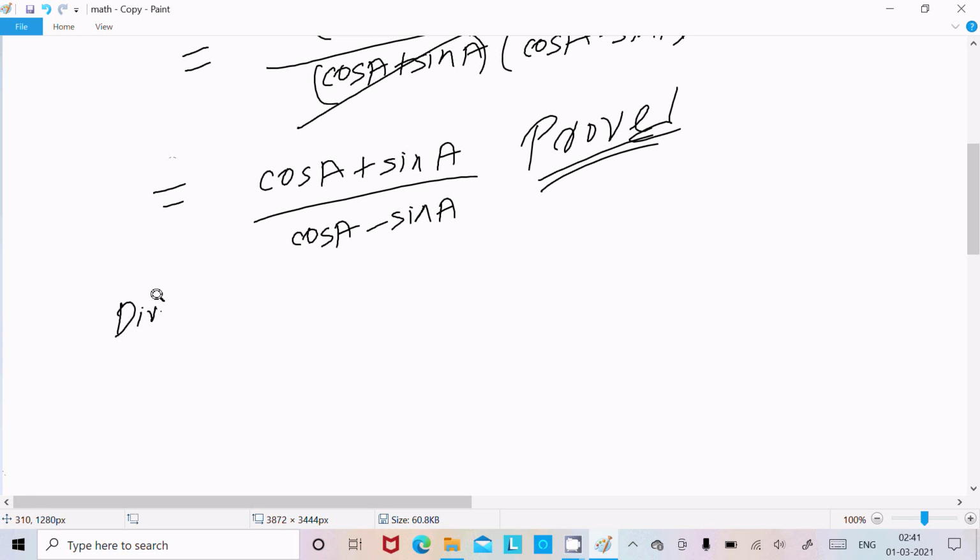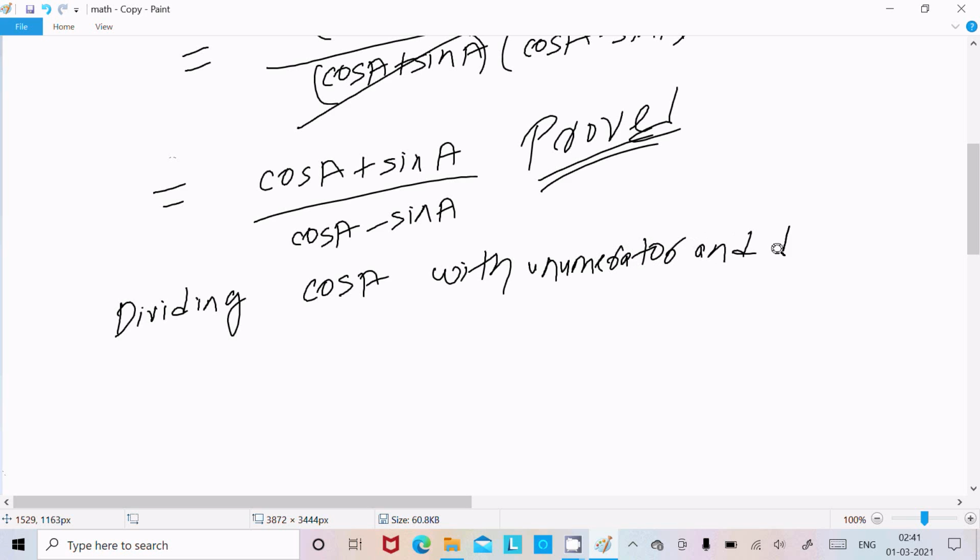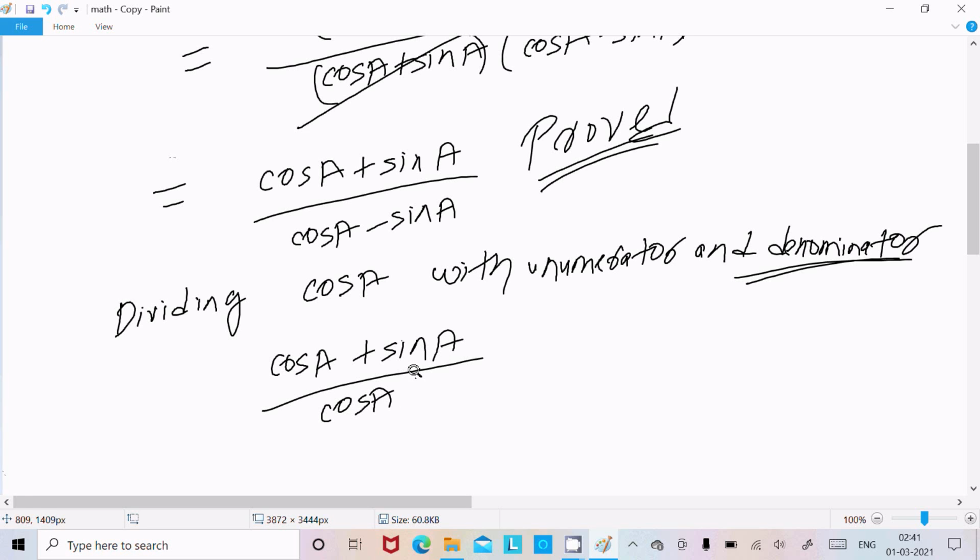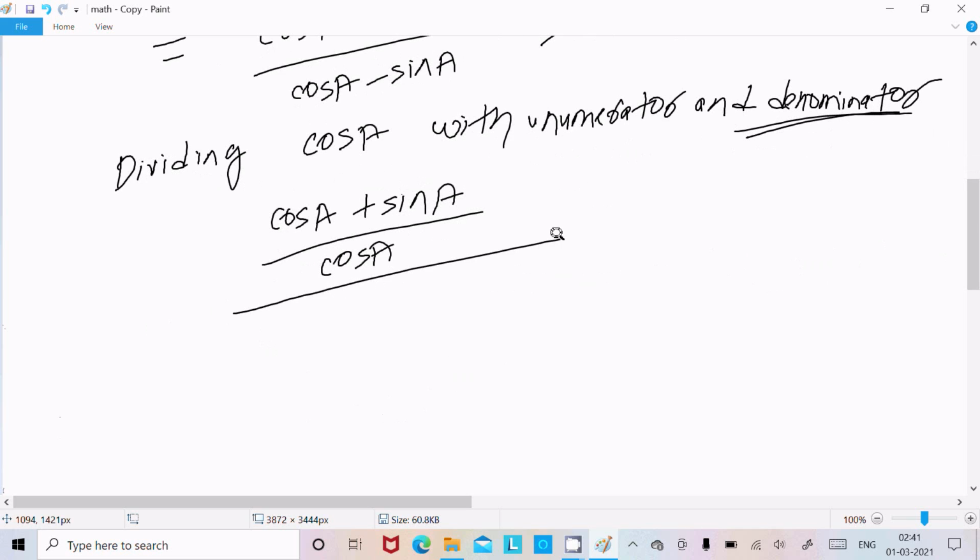So cos a + sin a dividing with cos a, and cos a − sin a dividing with cos a.